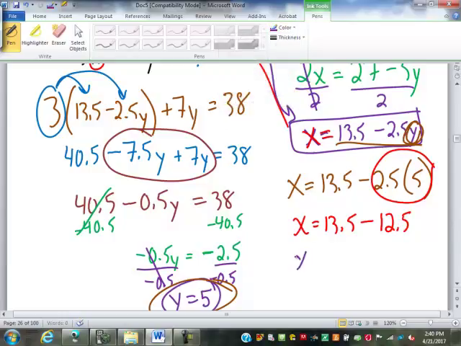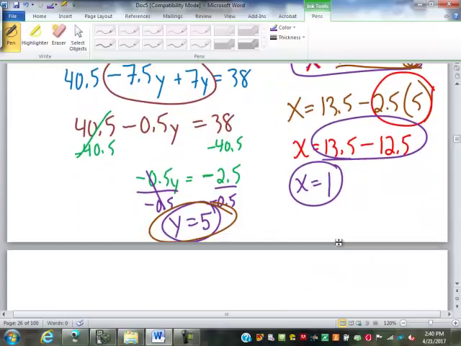And then 13.5 minus 12.5. Careful. 1. There we go. So then we should make sure we write our answer as x first is 1 and then y is 5. So 1, 5 is our solution.